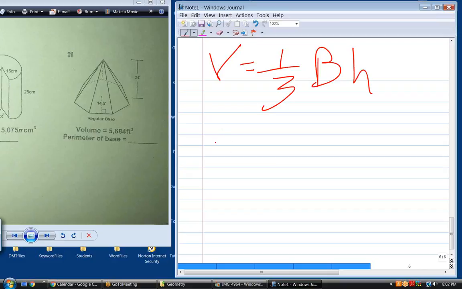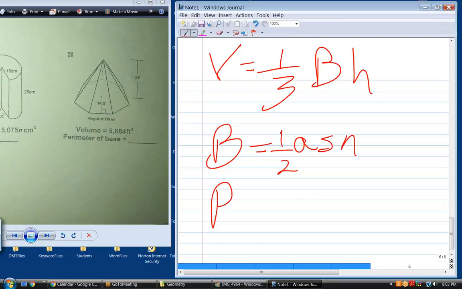What's capital B equal to? A S N divided by 2. What's the other formula for it? One-half. There's two of them. That's one. There's another one that actually we need for this problem.